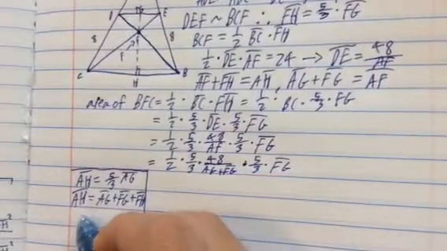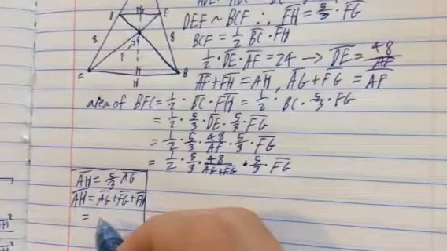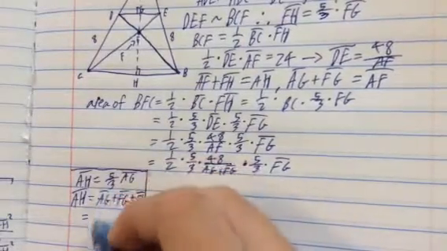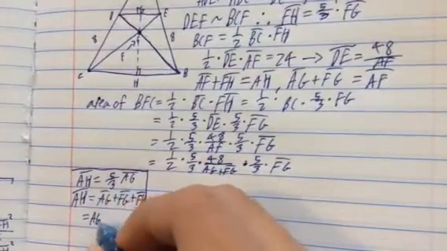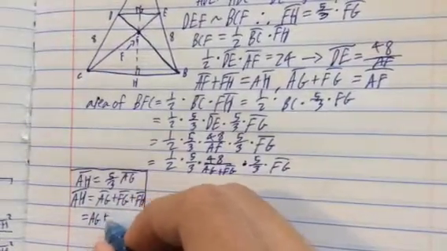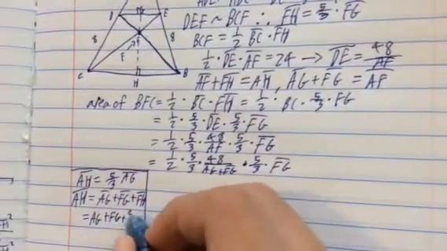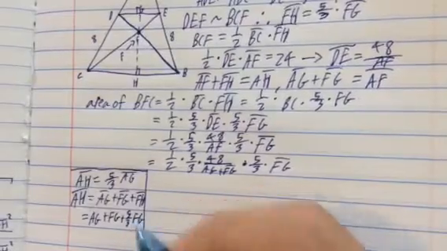But FH is just equal to 5/3 times FG. So AH is equal to AG plus FG plus 5/3 times FG.